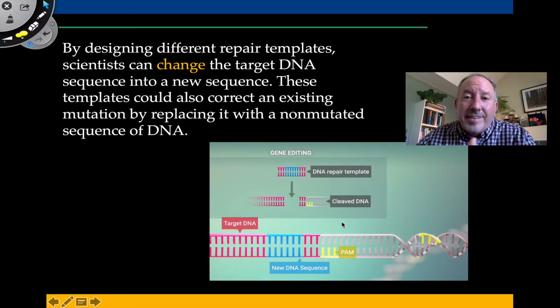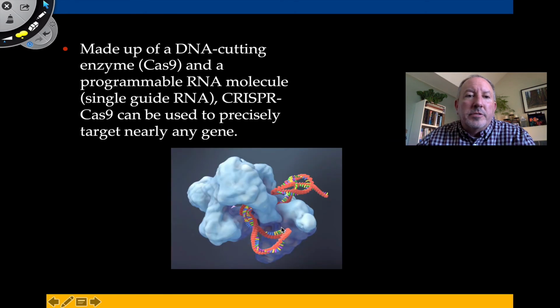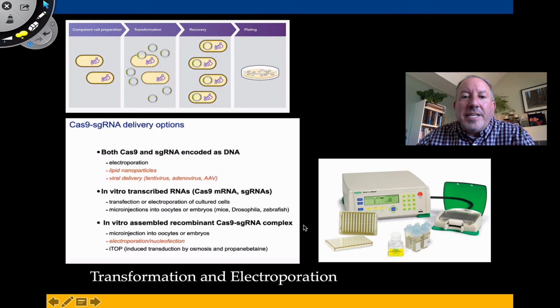And so by designing different templates, scientists can change the target DNA of any cell by creating a mutation or correcting a mutation or causing a break and then introducing a new piece of DNA. So rather powerful. So made up of DNA cutting enzymes, Cas9, and programmable RNA molecules such as the single guide RNA, CRISPR-Cas9 can precisely target nearly any gene.